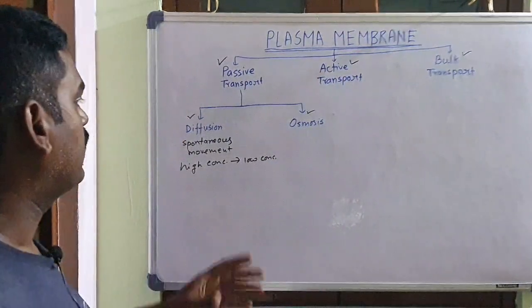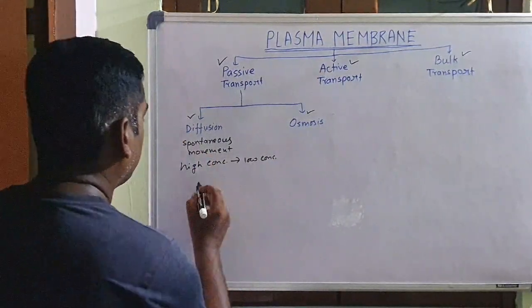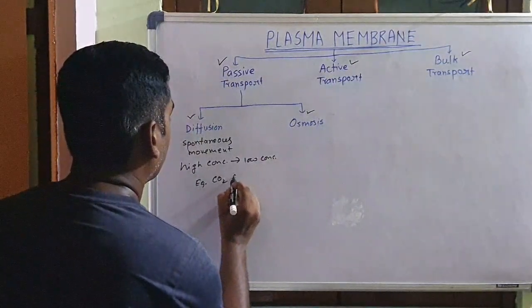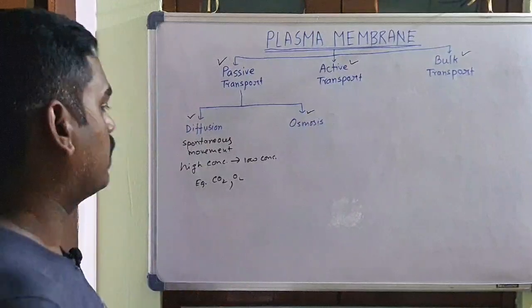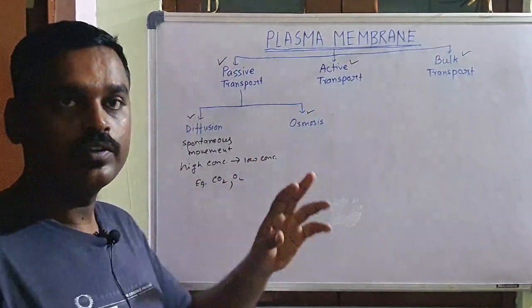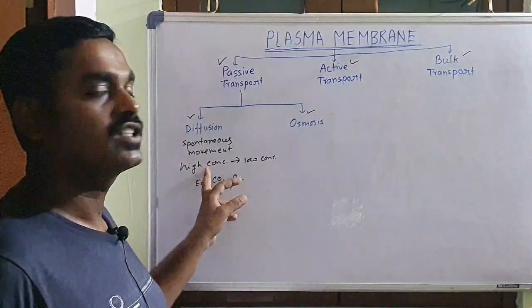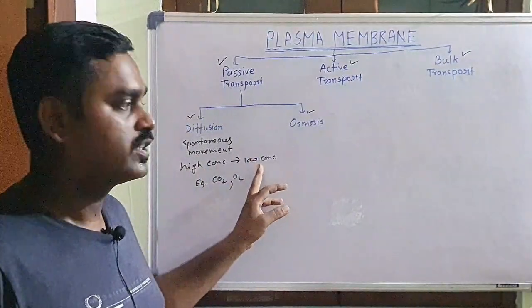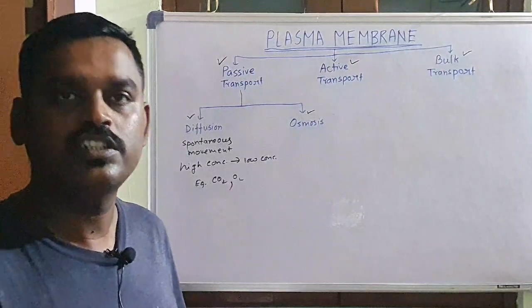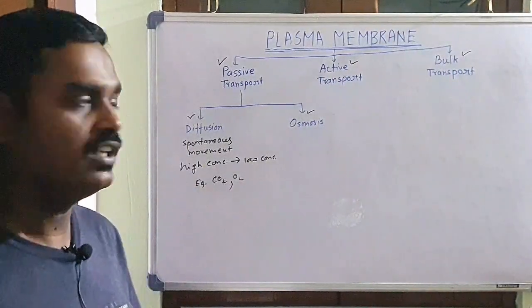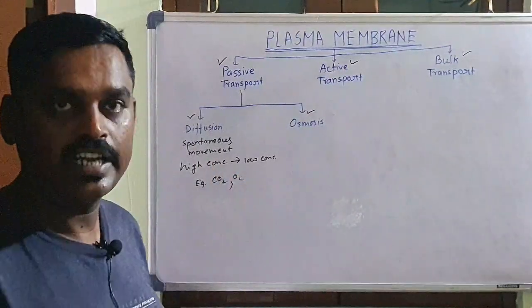For example, CO2 or oxygen, these types of molecules can move into the cell or out from the cell from high concentration to low concentration, that is, towards the concentration gradient.